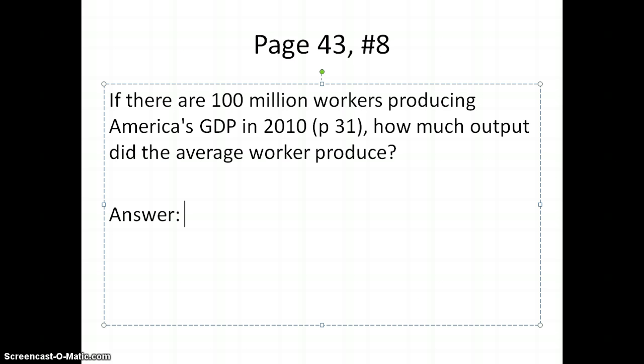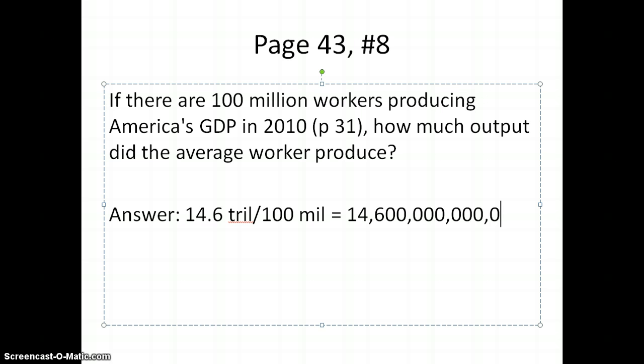So we want to take that 14.6 trillion and divide it up among 100 million workers. Okay. So this one is almost an exercise in decimals. So I want to make this into trillion. So this is my hundreds, my thousands, my millions, my billions, and then 14 trillion.